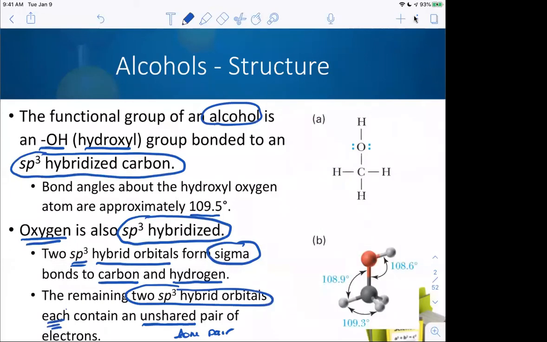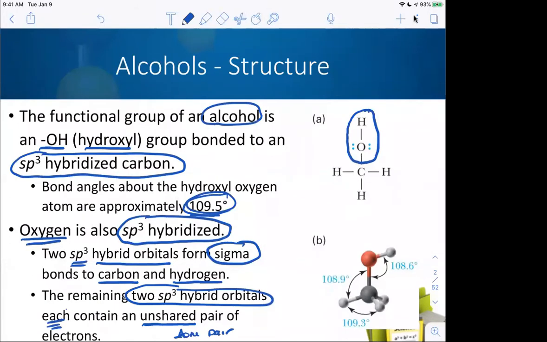sizes of atoms and the size of the methyl group and whatnot. But notice that in general, they're pretty close to that 109.5 degree bond angles. So we're really going to focus on this alcohol functional group.